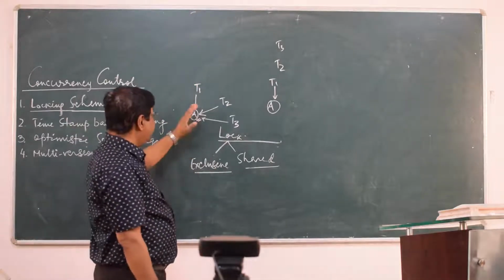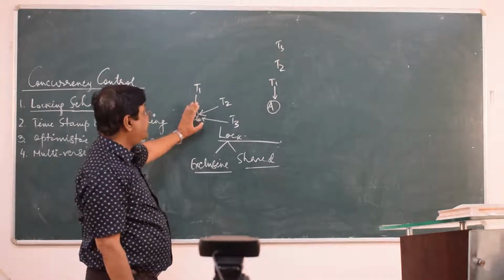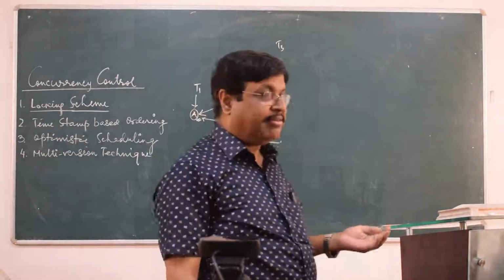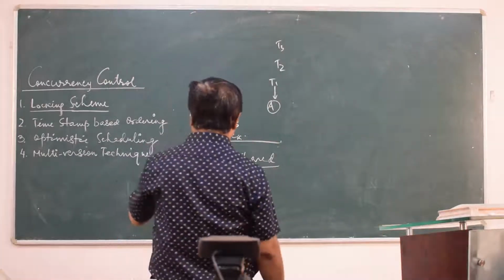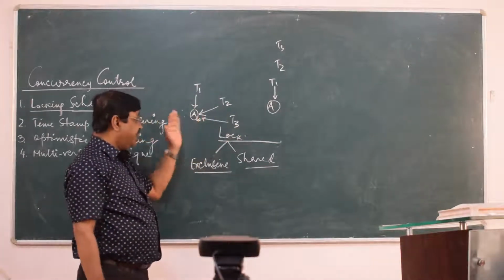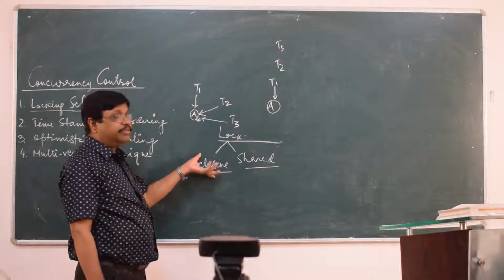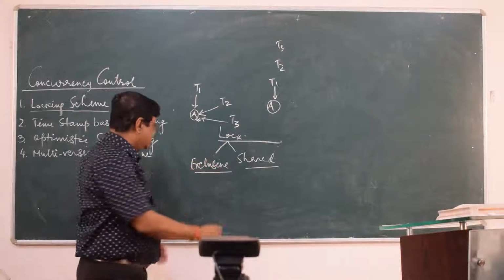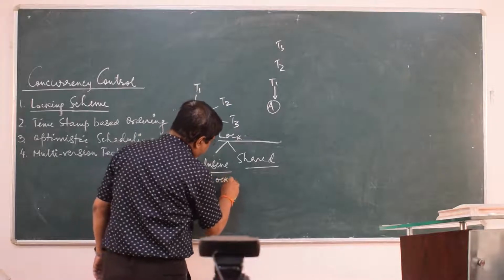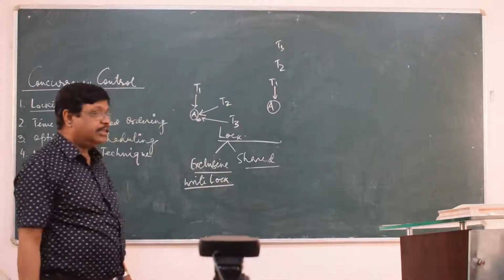As soon as T1 releases the lock on data item A, T2 would get the accessibility first. Then when T2 would unlock data item A, only then T3 would get the lock on A. So this is the case of exclusive mode. Exclusive lock is also known as write lock.